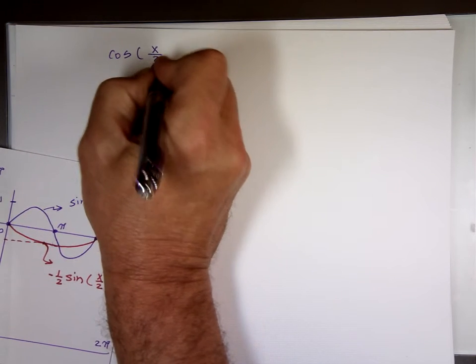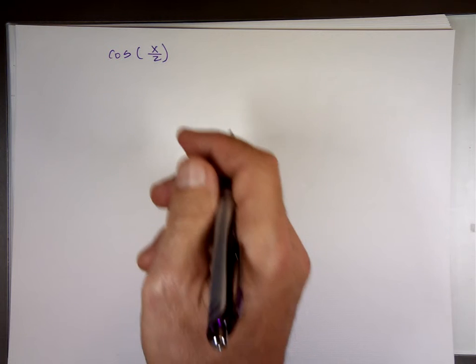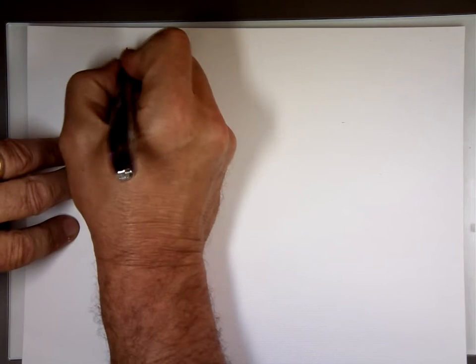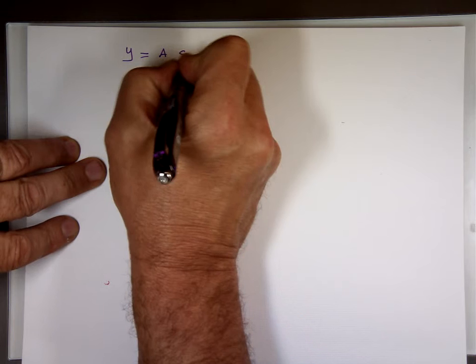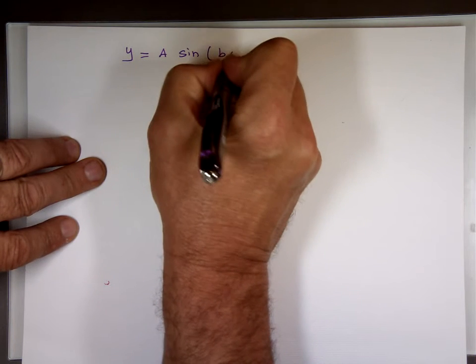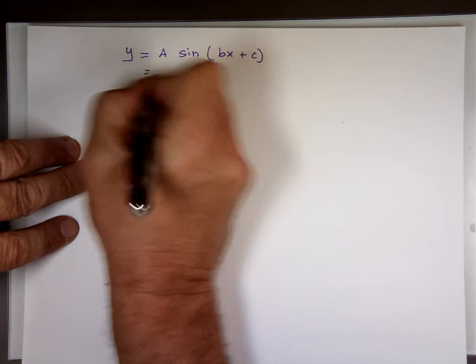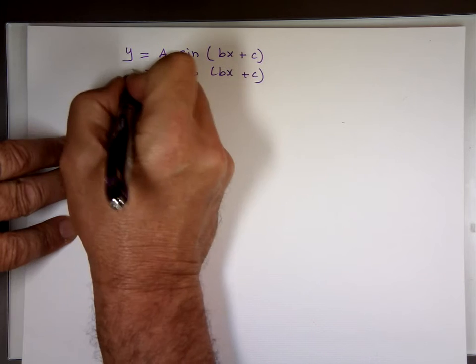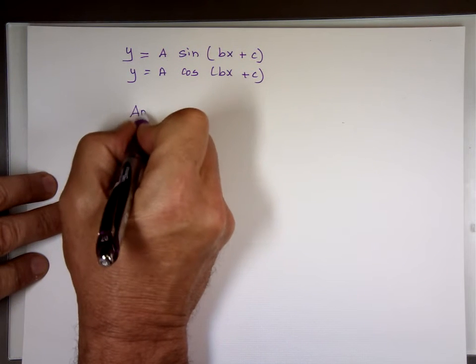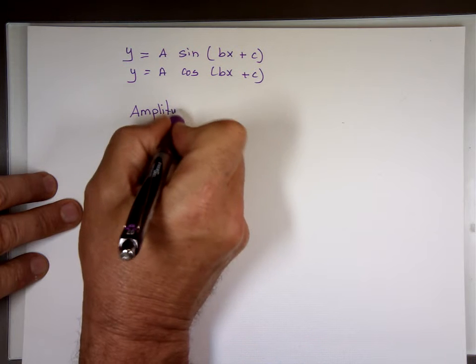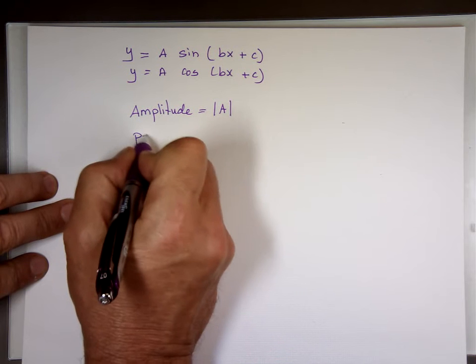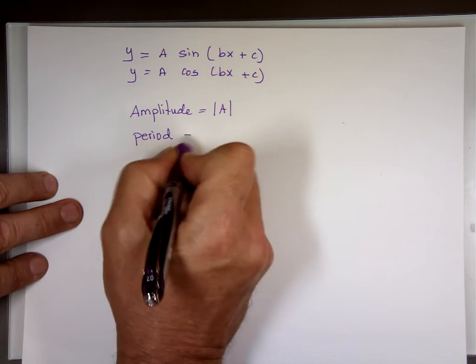For those people who just heard the term period here, let me put it in general form for you so you'll have it. If you have a trig function, either a sine or a cosine, with any numbers there, the amplitude, how high it's going to go, is always the absolute value of a. The period here, and I'll come back to your question, Mr. Wyatt, is 2 pi over b.